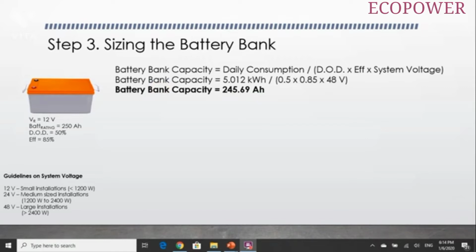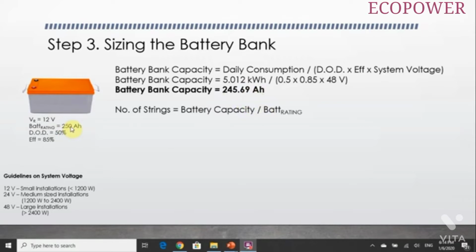Now, to determine the number of strings and series configuration for our battery bank, the number of battery strings can be determined by dividing the required battery capacity, this one right here, by our battery's rating.